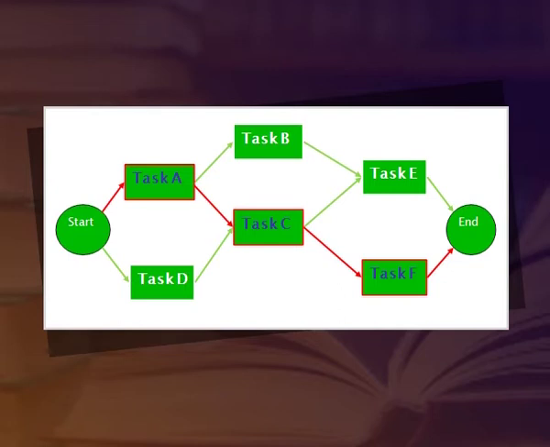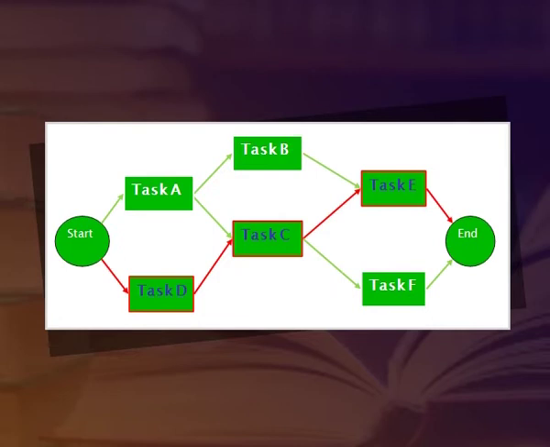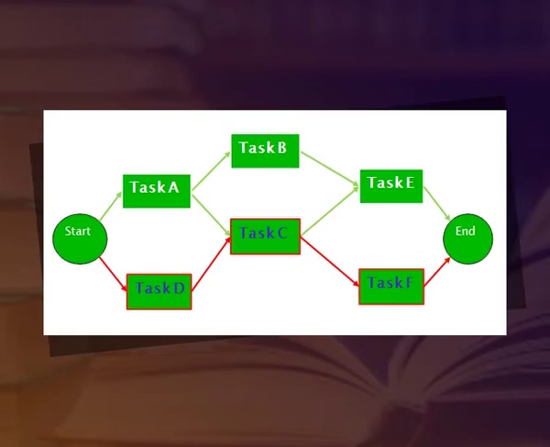The fourth path is DCE. And the fifth path is DCF.